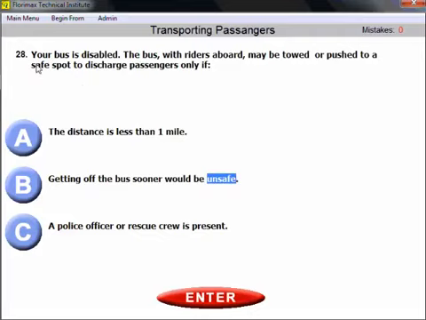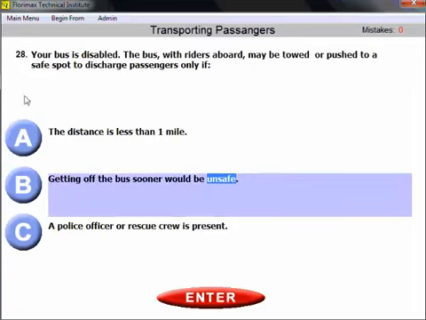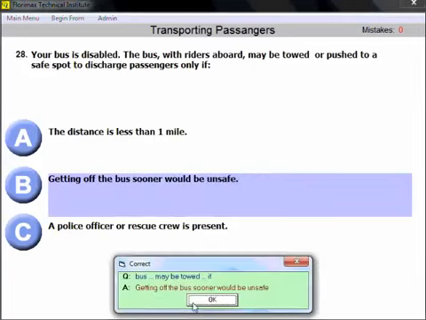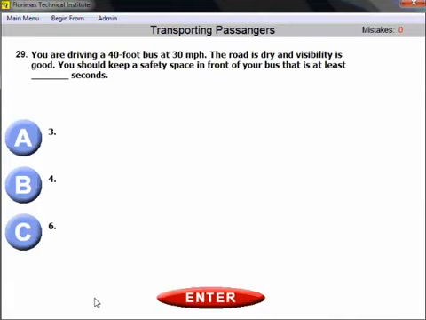You better discharge passengers if the bus needs to be towed, but if getting off the bus sooner would be unsafe, you are allowed to tow the bus. The bus is allowed to be towed with the passengers on it. So this pair, safe, unsafe, is how you locate the right answer.